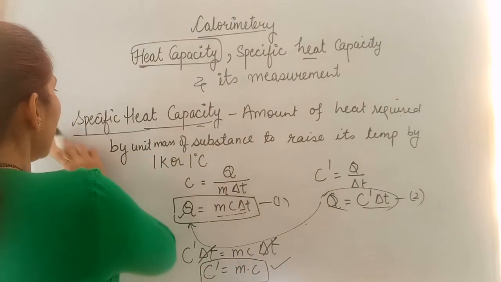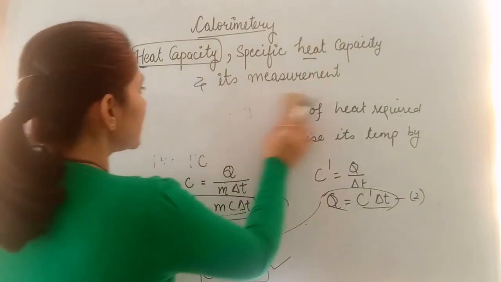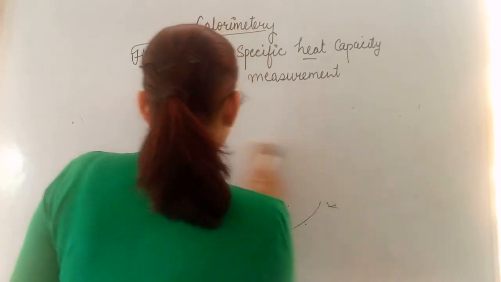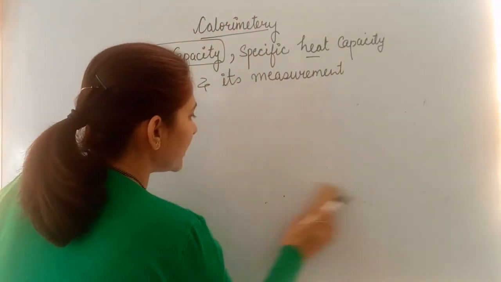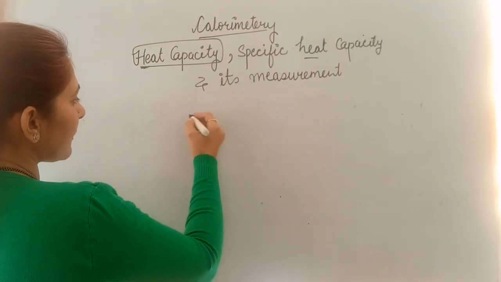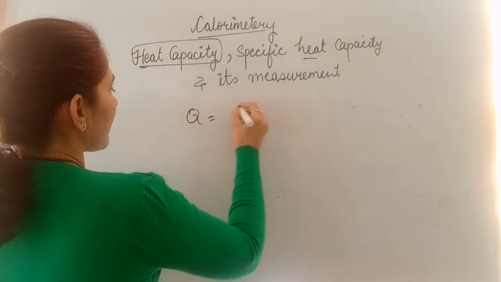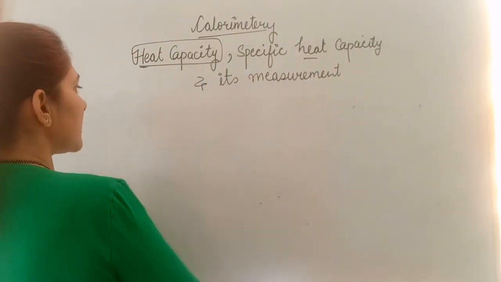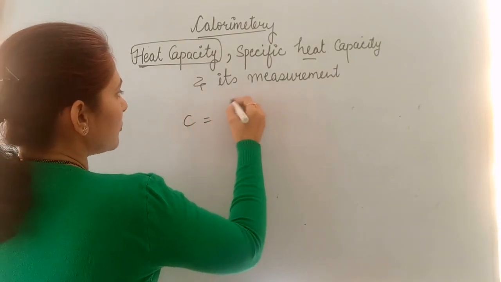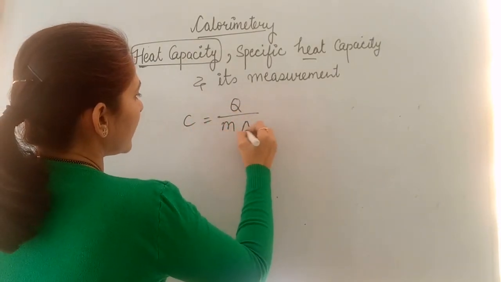Now, before coming to the differences, we can go for the SI unit of specific heat capacity too. Specific heat capacity c is equal to Q upon mΔT.